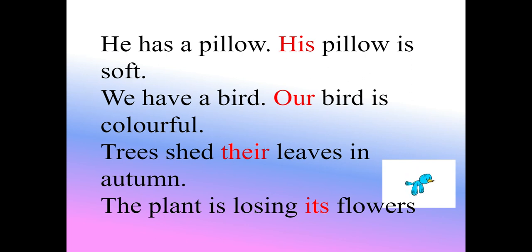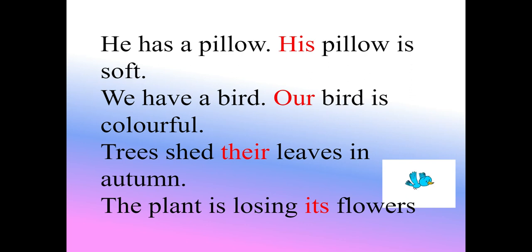Each pronoun has a different possessive adjective, and they don't have a plural form. They don't change when you use them with plural objects. My balloon is blue. My balloons are blue. So we are not changing the possessive adjective.